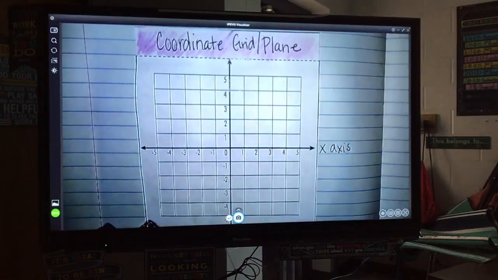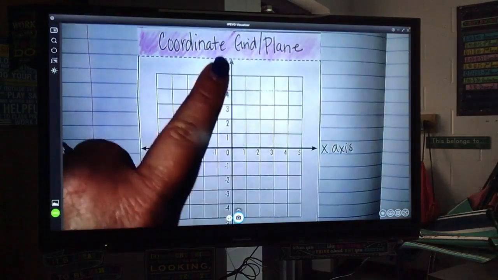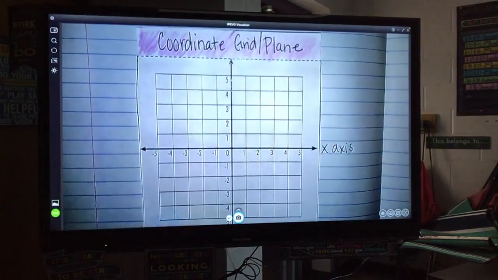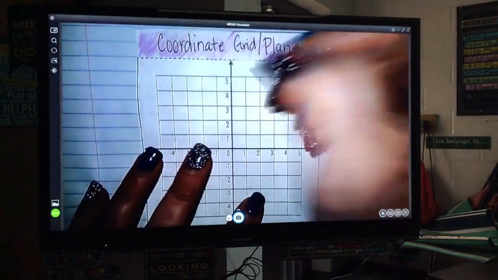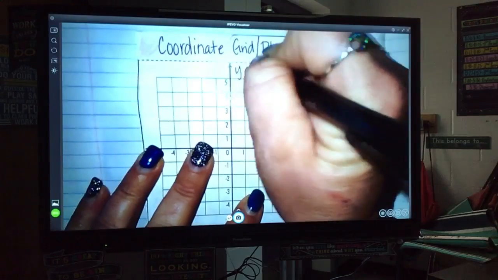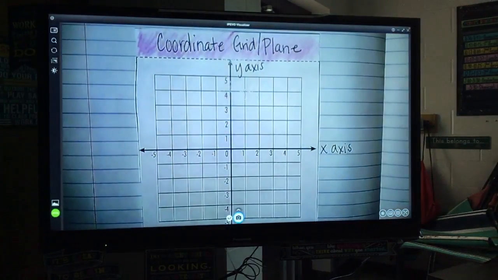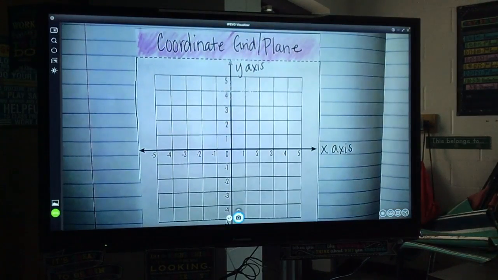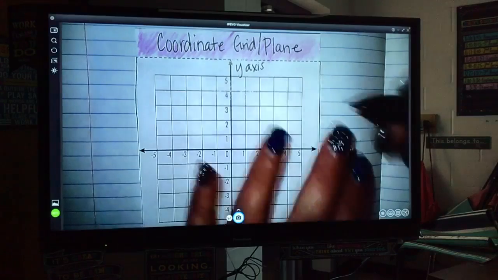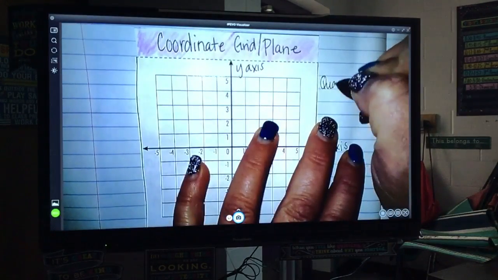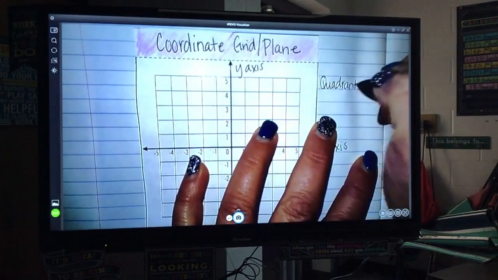Okay? What is our vertical line? Jackson. Y-axis. Now, we start in the upper right corner. What is the name of that quadrant, Cooper? Quadrant 1. Yes. So this is quadrant 1.